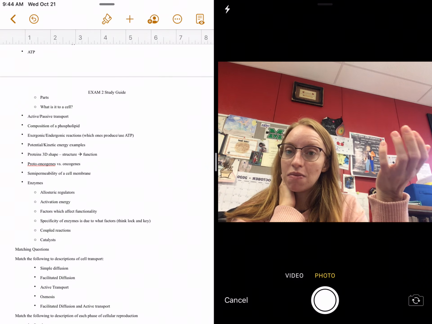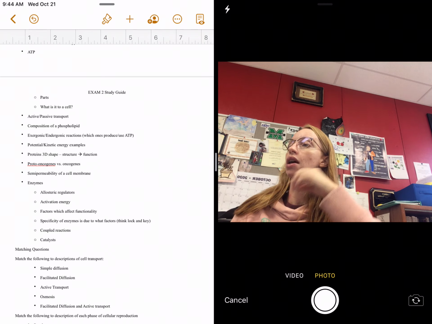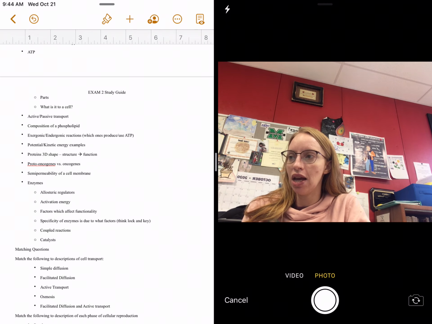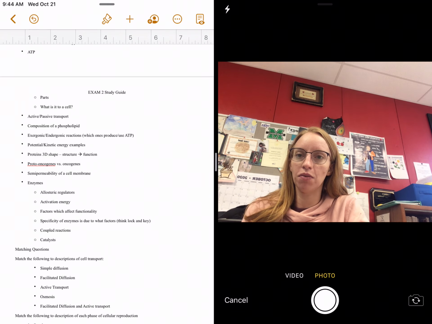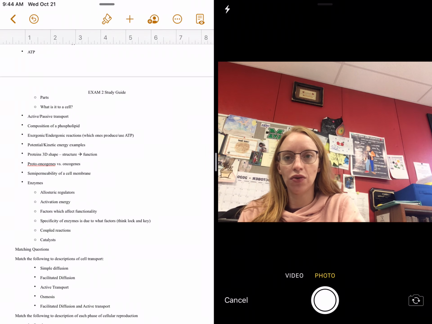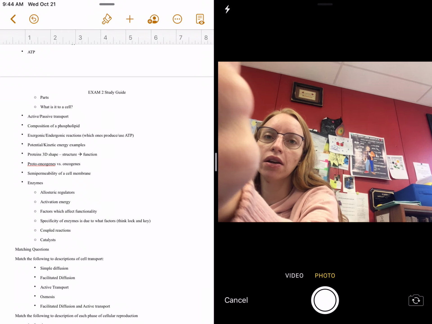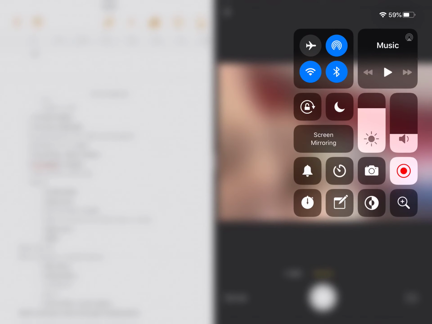Sometimes you have to have ATP to do so, other times you do not. And the last one says molecules move without aid and move down their concentration gradient. That's simple diffusion. If you're moving without aid and you're going down your concentration gradient, you are simply diffusing across that membrane. All right, I'm going to stop these notes here, and then I'll pick them back up with the second part later.